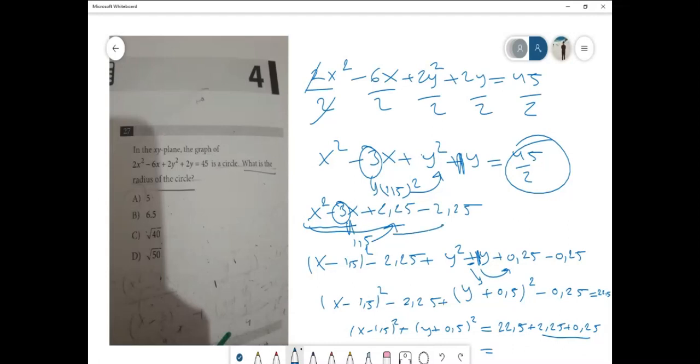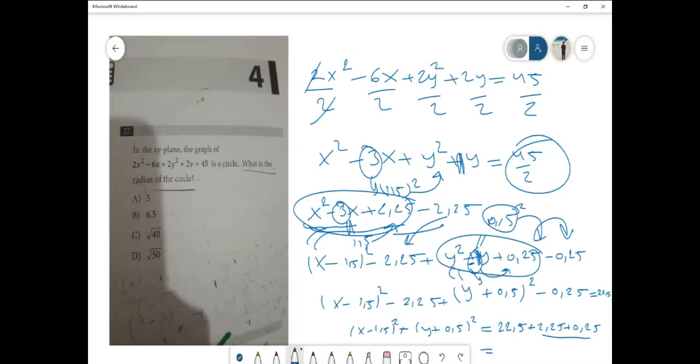Teacher, why did you square it? It is the rule. Take half of this, 1.5. Squared, it's 2.25.